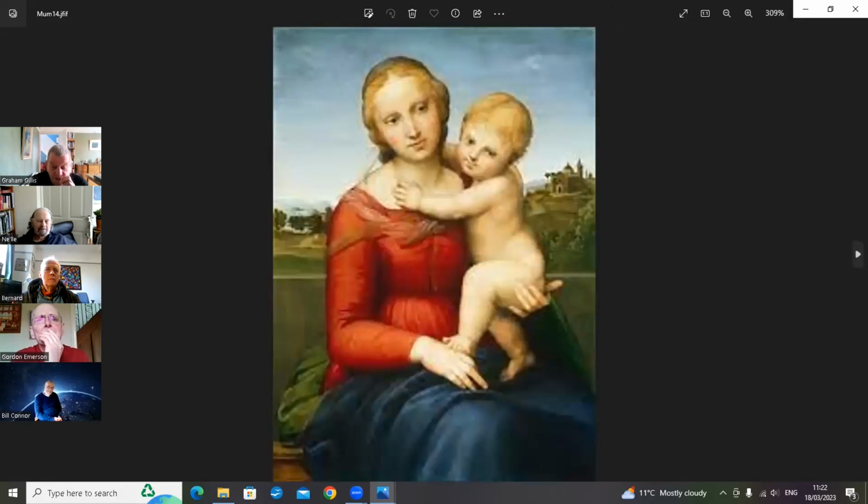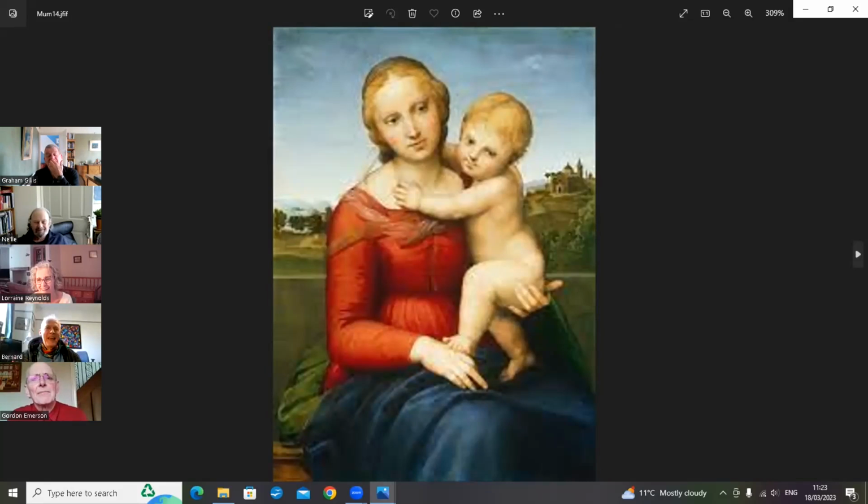This is a rather lovely painting by, any guesses? No idea. An Italian painter. Are you sure it's Italian? No. It's a guess. No, it doesn't look Italian to me. It's Raphael.